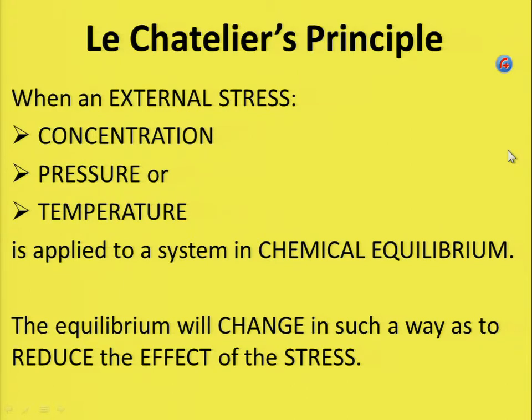When an external stress, for example concentration, pressure or temperature, is applied to a system in chemical equilibrium, the equilibrium will change in such a way as to reduce the effect of the stress. That is Le Chatelier's principle. Very important.